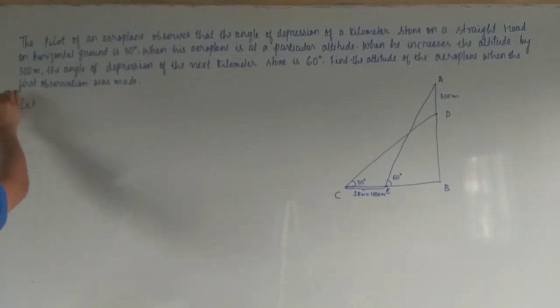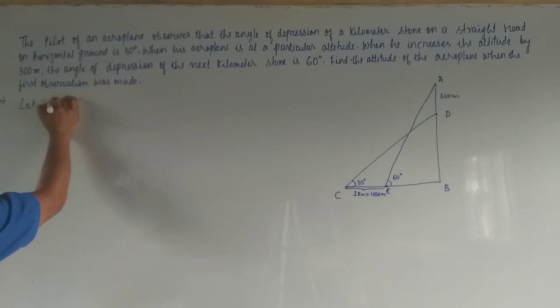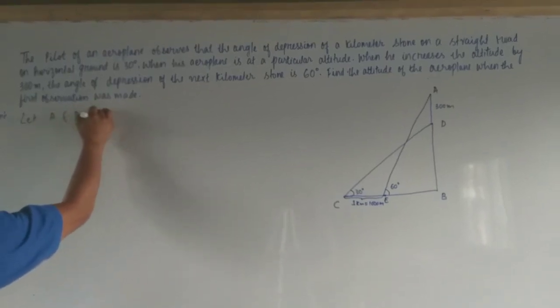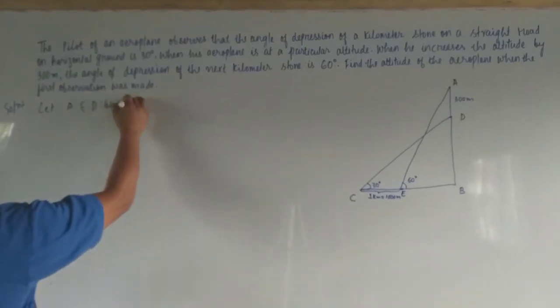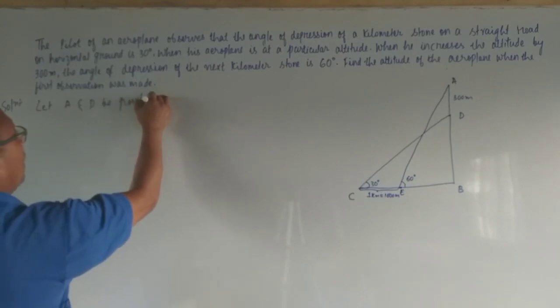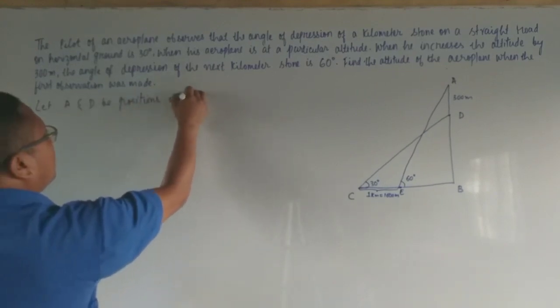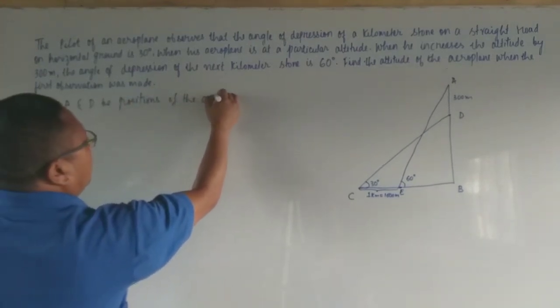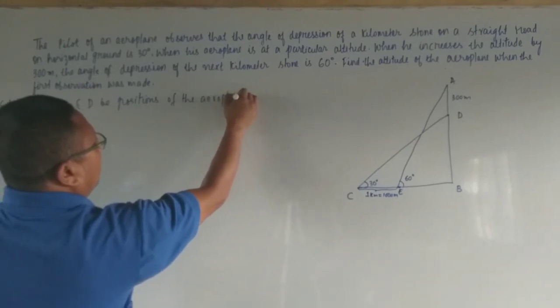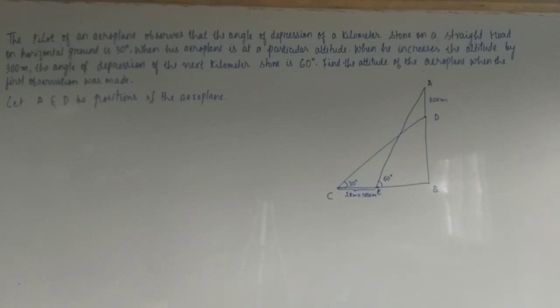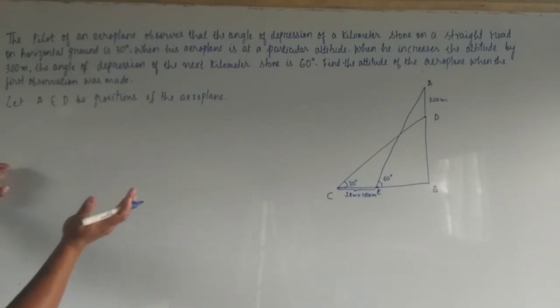Let A and D be the positions of the aeroplane. Now let us write the rest of the given.